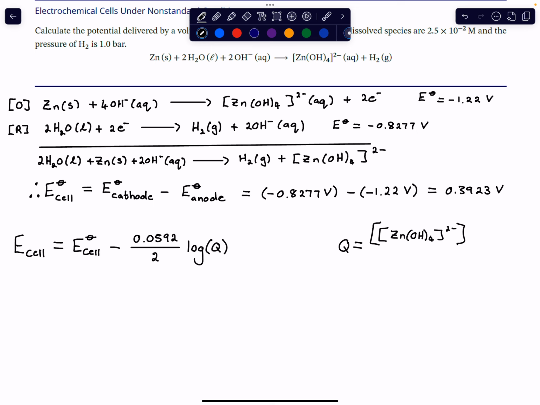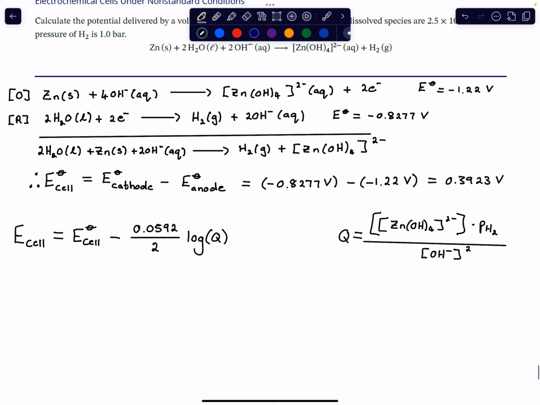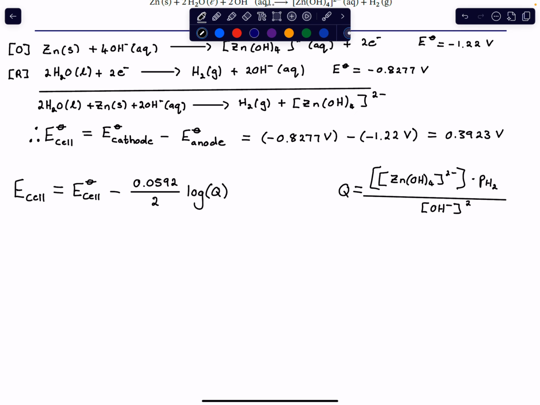So it's the concentration of that multiplied with the partial pressure of H2, divided by OH minus squared, right? This is an aqueous solution, so it has a concentration. It's a gas, it has a partial pressure. This reactant has a concentration, stoichiometry squared, and this is a solid and that's a liquid, so they're not included in our reaction quotient.